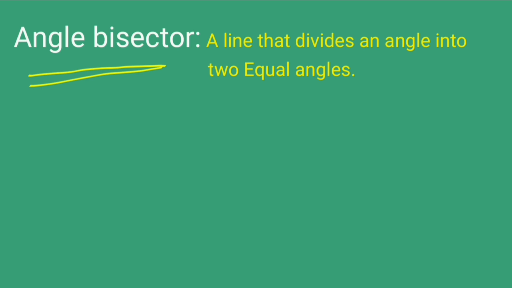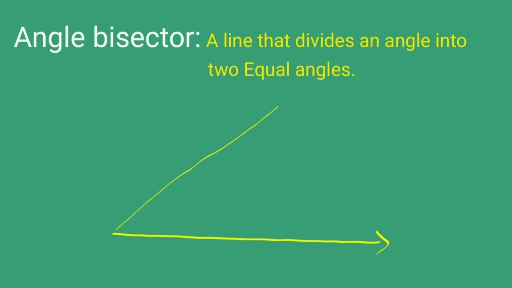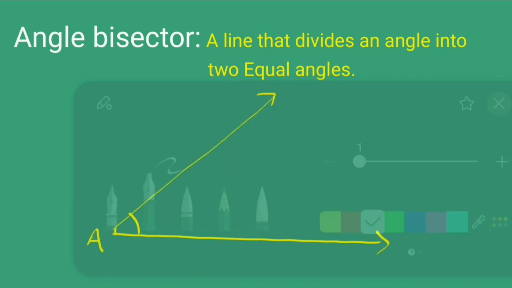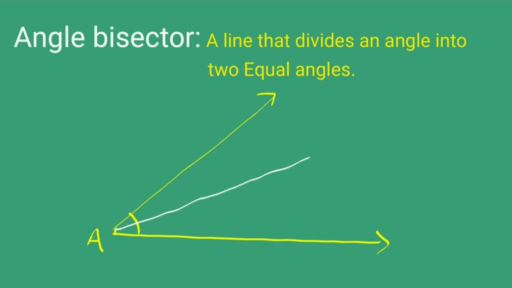Suppose this is angle A. Now I am drawing a line dividing the angle A into two equal angles. This angle is equals to A by 2, and this angle also is equals to A by 2.